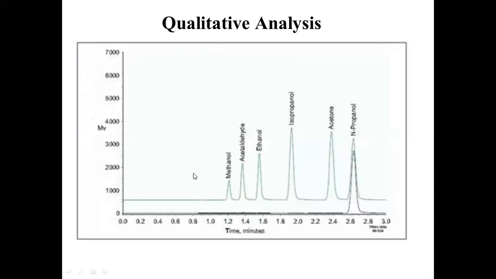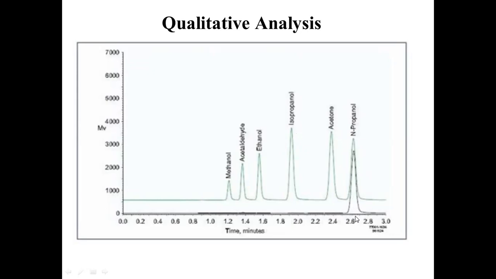So even qualitative analysis is possible. Similarly here, acetaldehyde, ethanol, methanol, isopropanol, acetone, N-propanol, all these mixtures can be eluted within 2.8 minutes. So you take the mixture, and if you are suspecting whether N-propanol is present or not, first you run the mixture containing all these compounds, and you make sure by running only N-propanol separately using the same chromatographic procedure.